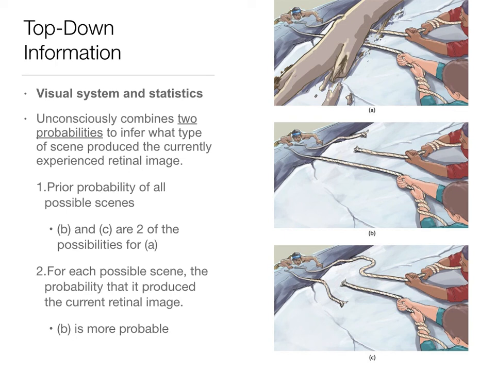So in this example, B is more probable than C, because we have continuity for the rope on the left, where we don't have continuity for the line on the right. So that's going to make it more probable that what's happening with the ropes under that fallen tree is B rather than C.